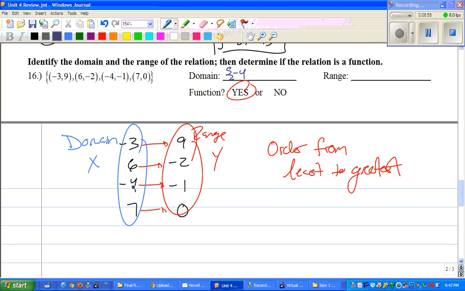Just put them in order from least to greatest. Negative 4, negative 3, 6, and 7. Okay, same thing with the range. Negative 2, negative 1, 0, and then 9. Okay? And that's it.